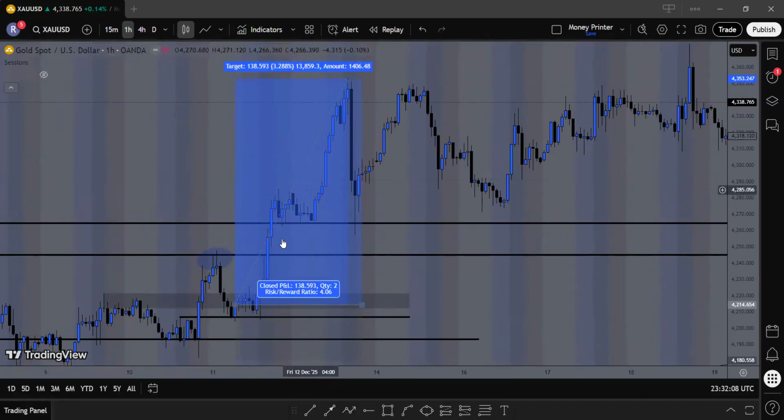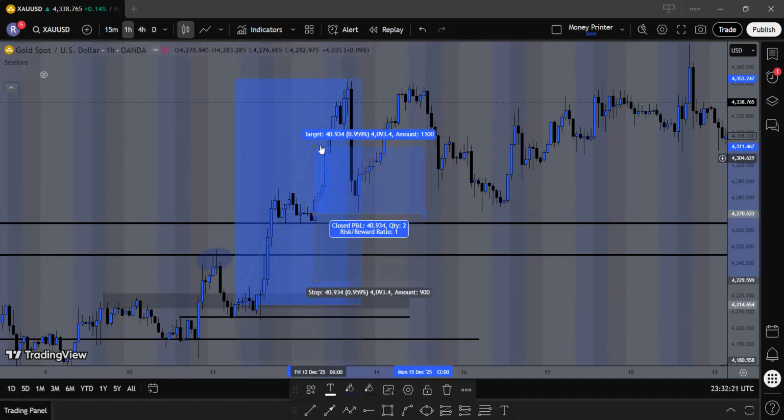This was the first position. I passed the funded account with this position. Then this was the second position that I'd entered right around here.